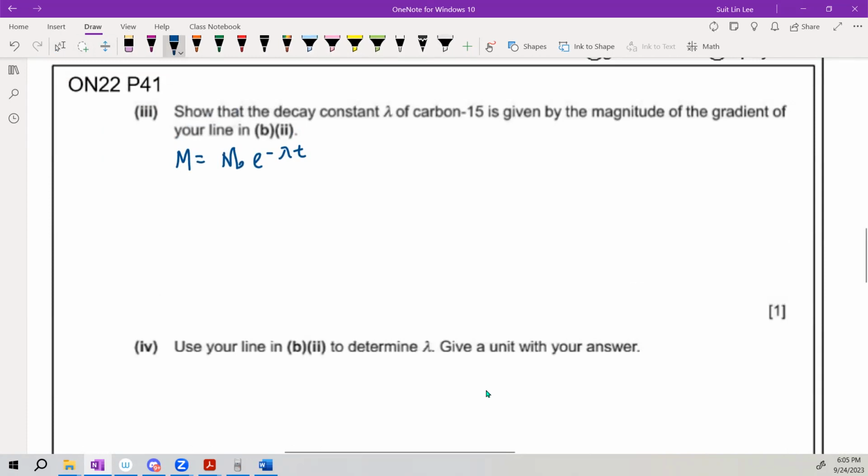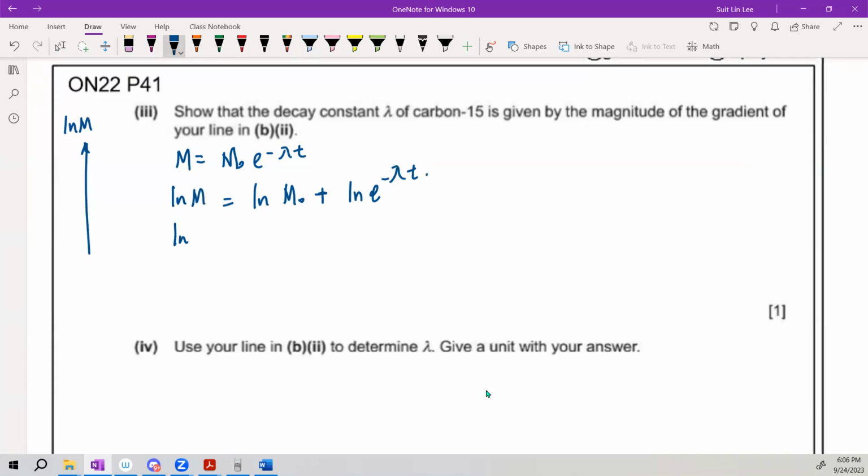So from here, the graph that I'm plotting on one side is ln M. So I ln both sides. ln M is ln M naught, multiply means plus, ln e negative lambda t. Let me rearrange first: negative lambda t plus ln M naught. ln to the power e is 1.